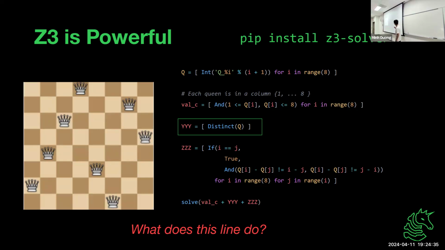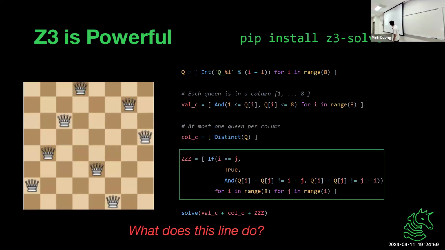You could do this with a very long Boolean expression saying q1 is not equal to q2 and q3 and so forth, but you get this nice function that does all of that for you. So this is telling you that all the queens are in different columns. So at this point, all the queens are in different rows and all the queens are in different columns. You need to enforce the fact that all the queens are in different diagonals. That's what this part is doing.